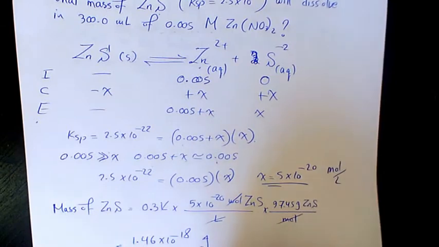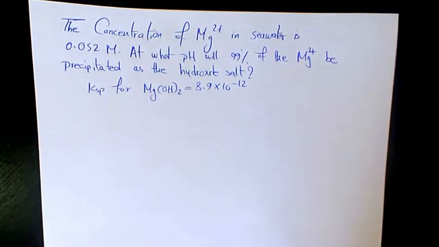Let's see another example. In this example, it says that the concentration of magnesium ion in seawater is 0.052 molar. At what pH will 99% of the magnesium ion be precipitated as the hydroxide salt?